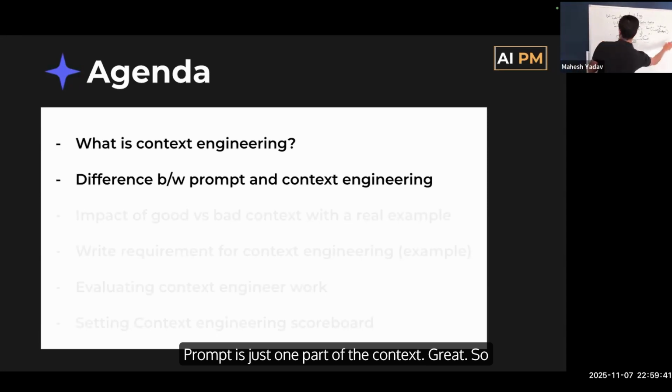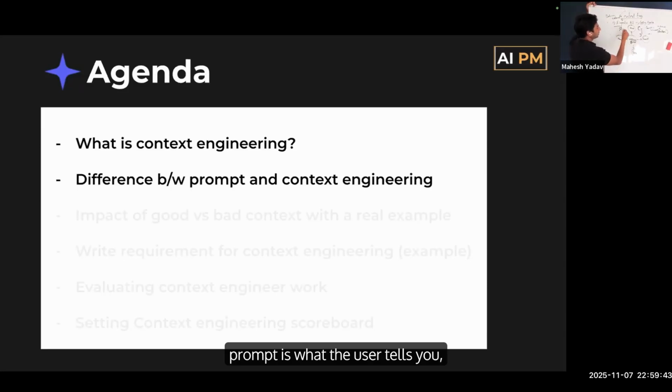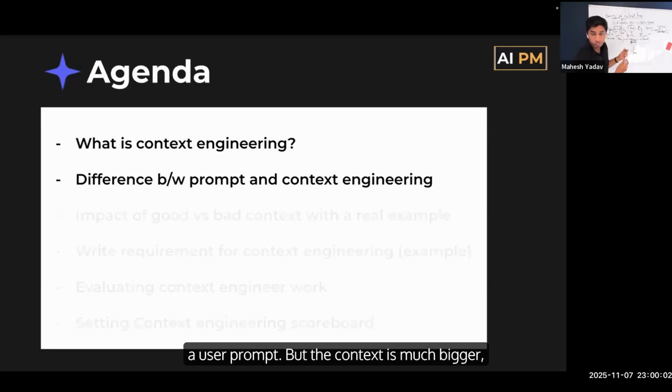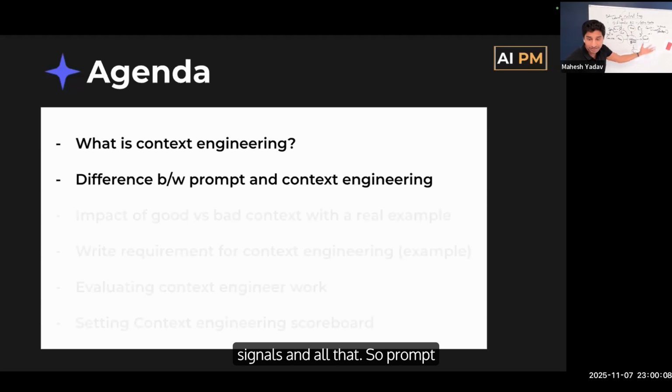Right? Great. So prompt is what the user tells you, which is book me a ticket. And then you can also have a system prompt, which is, hey, act like a helper or a concierge for these queries. So you will have a system prompt and a user prompt. But the context is much bigger, which is what you build on step by step, what knowledge you will need to solve this, what memory you will need, what signals and all that.